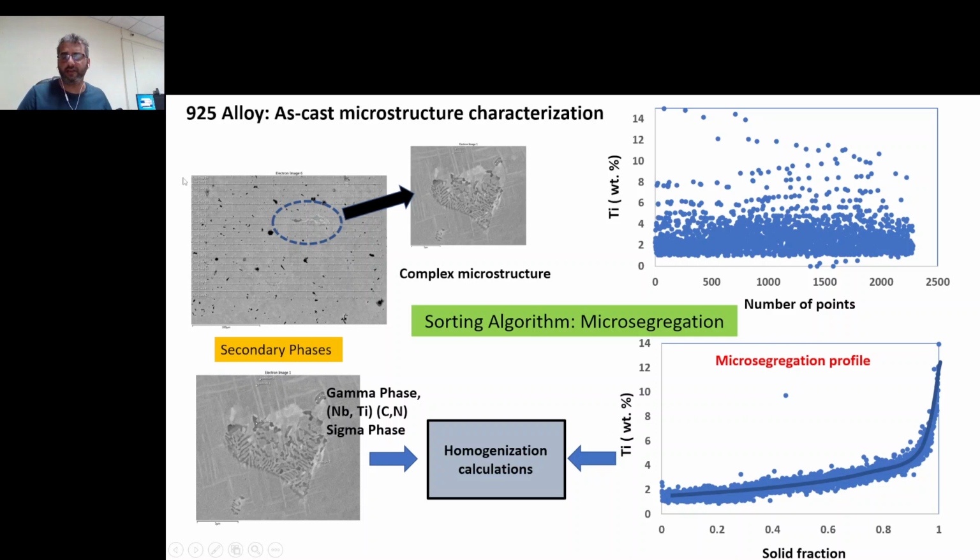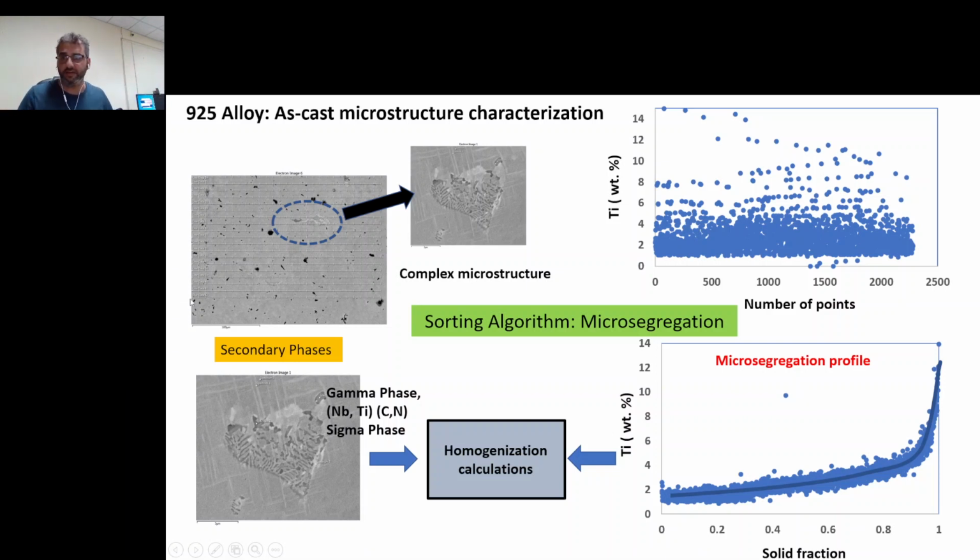So how do we start? We start with the as-cast microstructure after the VAR process. What we did was we implemented a sorting algorithm in order to get the microsegregation profile of the solutes. We divide the as-cast microstructure into grids.